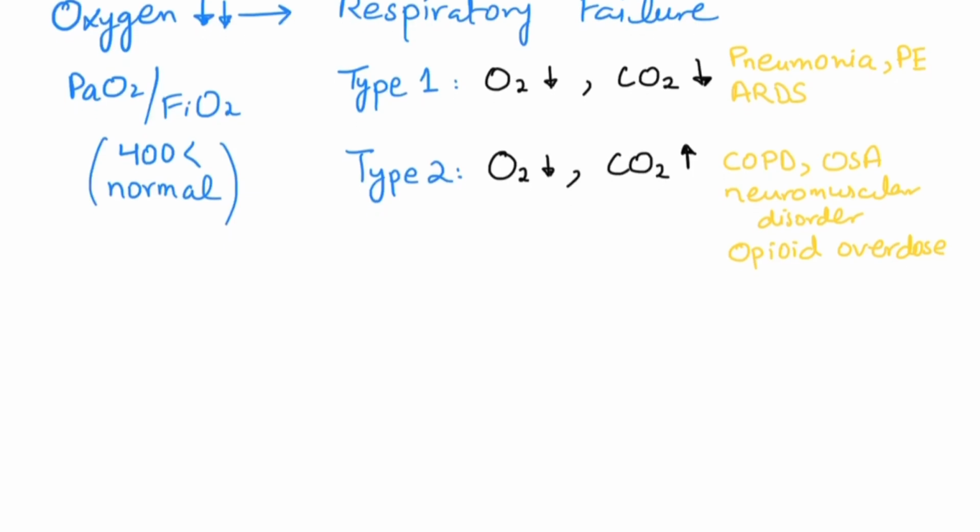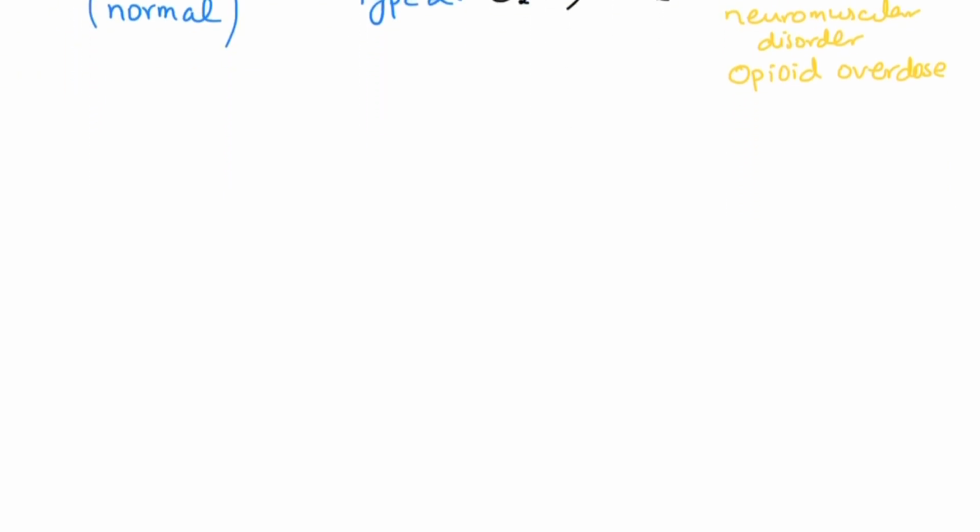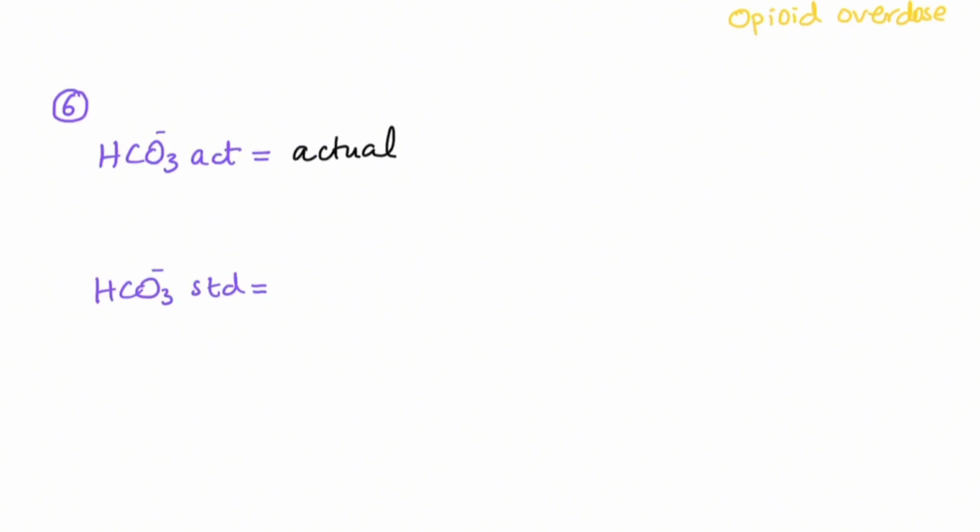So these were the basic common things that we usually interpret while reading an ABG. But other than that, there are a few more things that will help us reach our diagnosis if we have some ambiguity. So you must have seen that there are bicarbonate actual and bicarbonate standard values given mostly at the bottom of the ABGs.